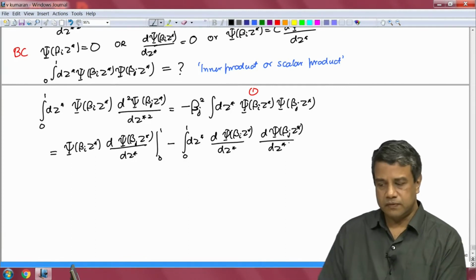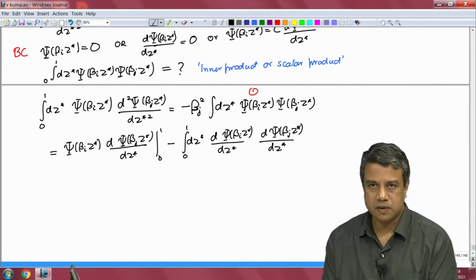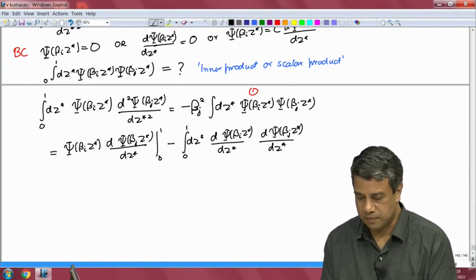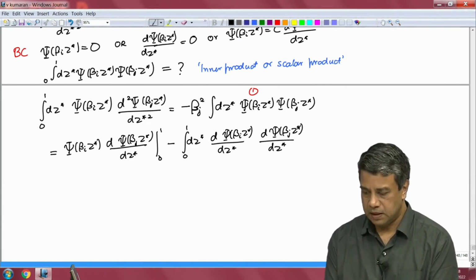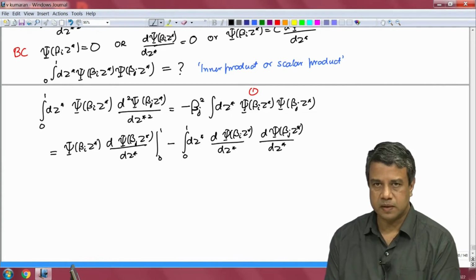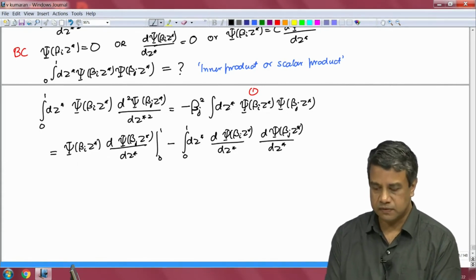So, I have used one integration by parts to transfer one derivative from the second function to the first function. And then I use another integration by parts to transfer the second derivative as well.